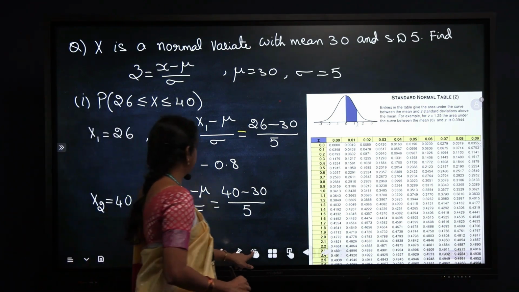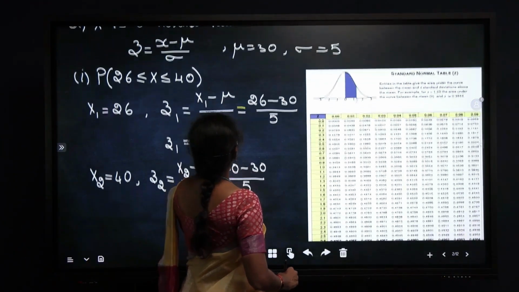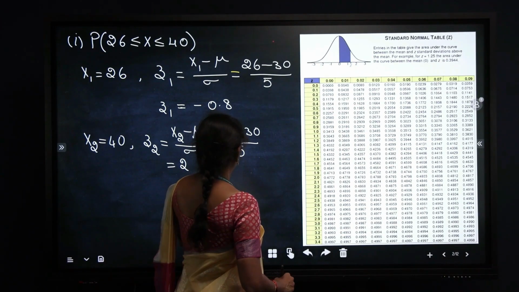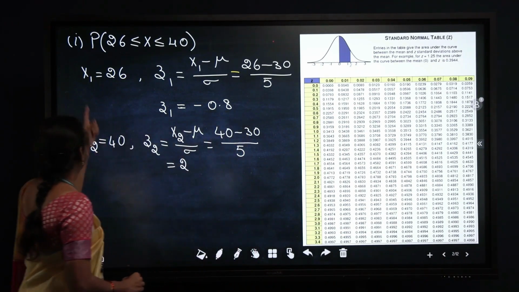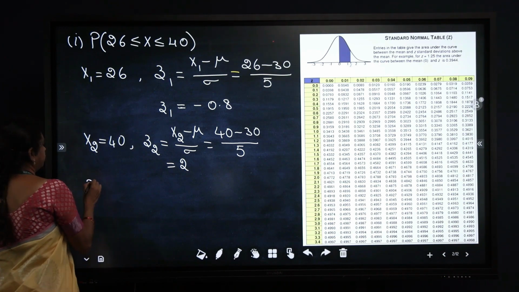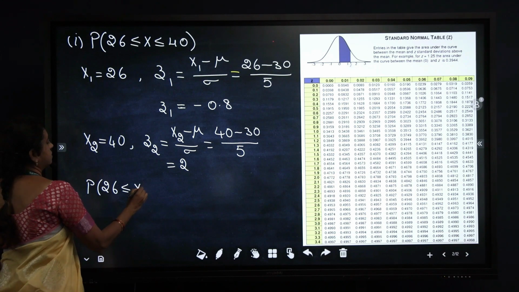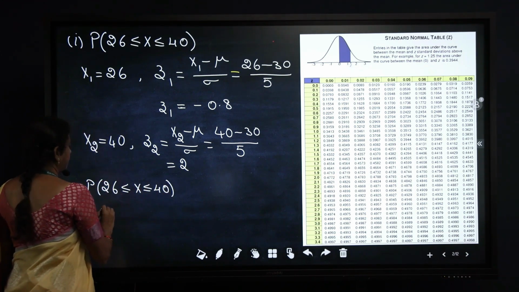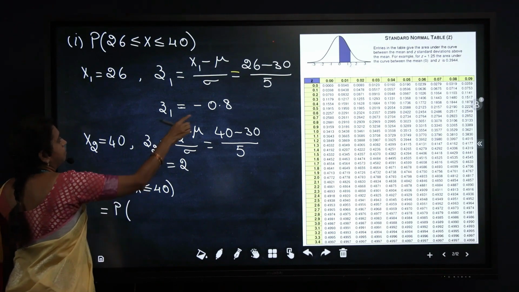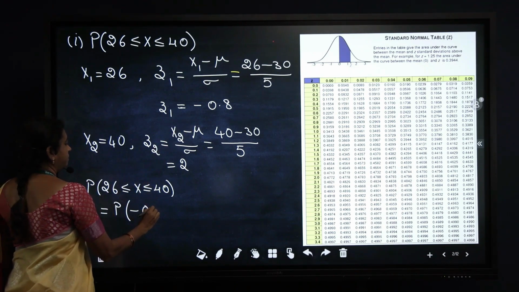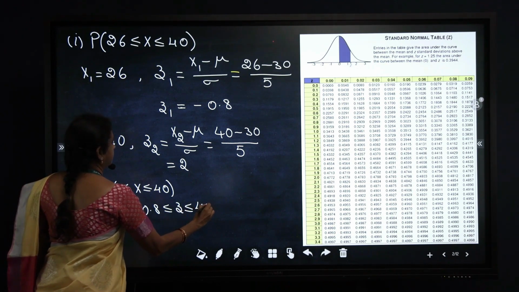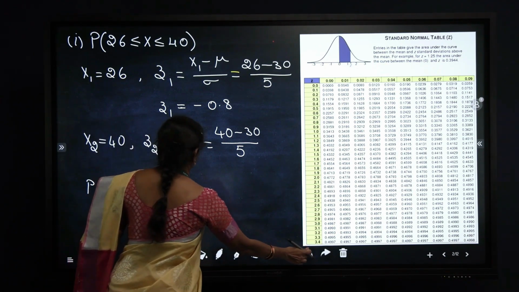Now we'll find out the probability. Probability of 26 less than or equal to x less than or equal to 40 will be probability of minus 0.8 less than or equal to z less than or equal to 2.